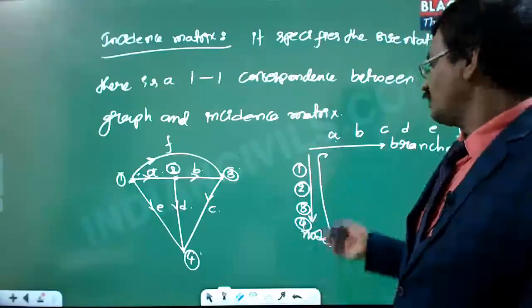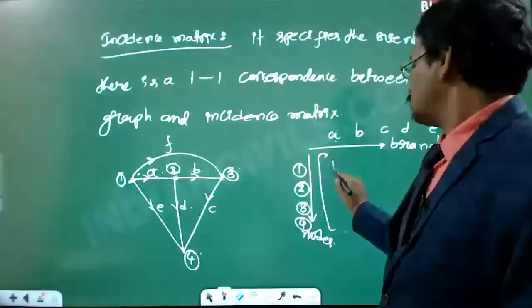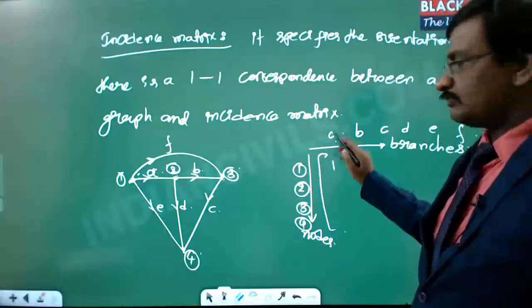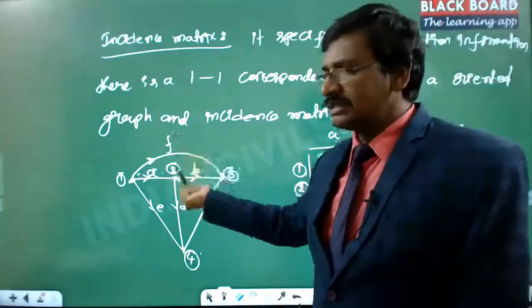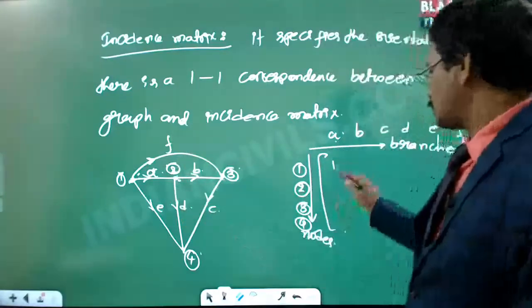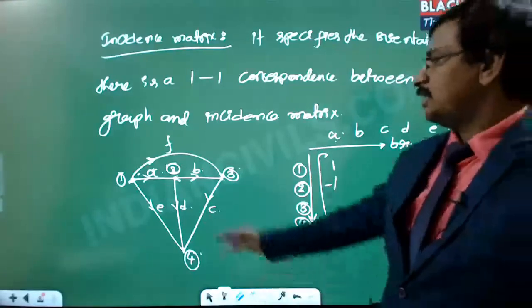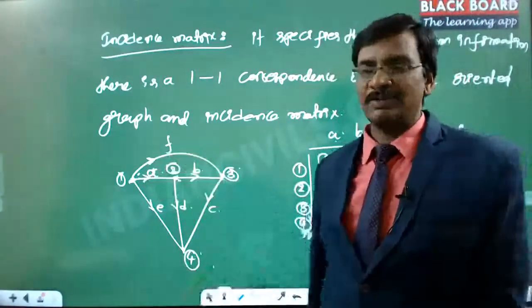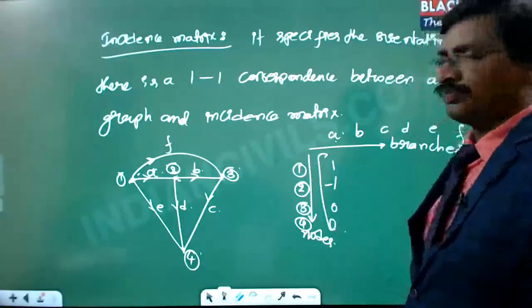So we will give +1 for node number 1 for the branch A. And for the same branch A, for node number 2, it is coming in. That means it is taking the current, so node number 2 will be -1. This is the only connection between 1 and 2, and no other connections are there for this branch A. Hence the remaining values will come out to be 0.